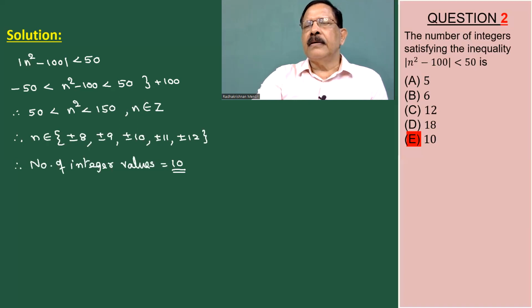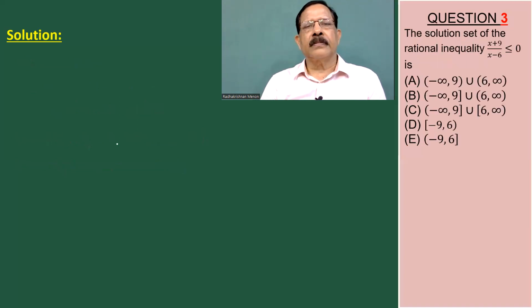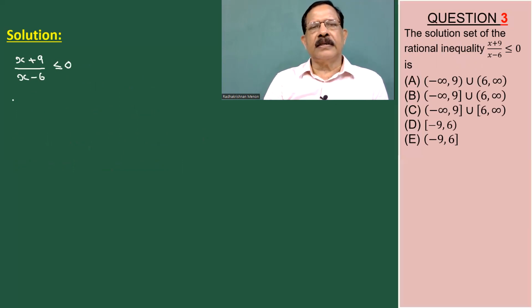One more question is x plus 9 divided by x minus 6 less than or equal to 0. I will explain the method, but there is a shortcut.